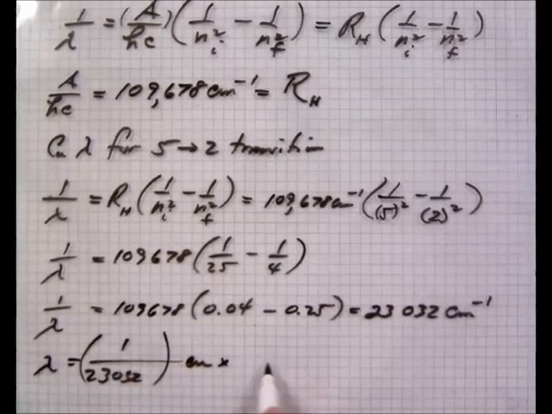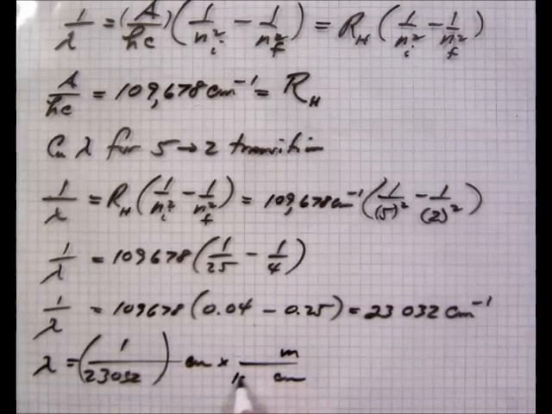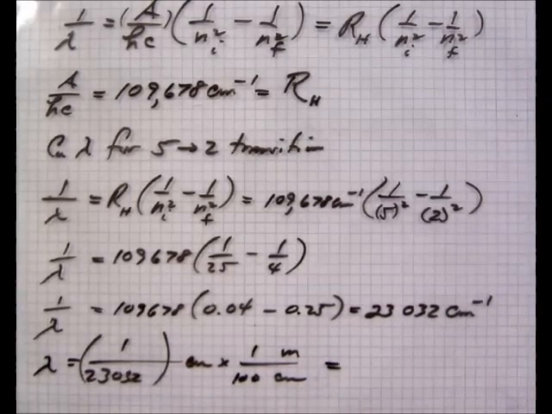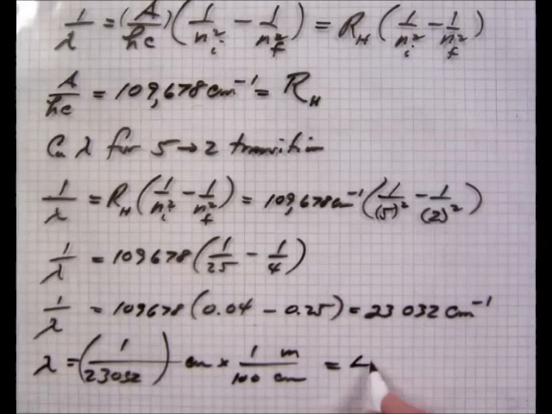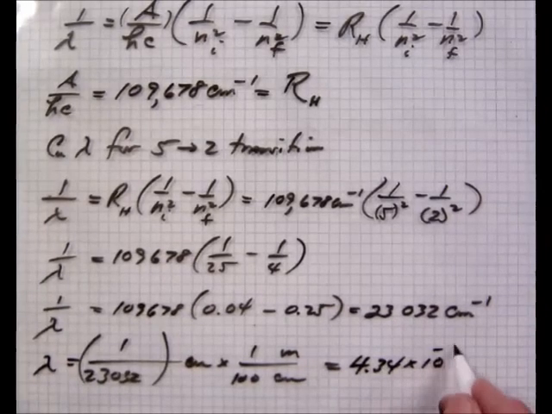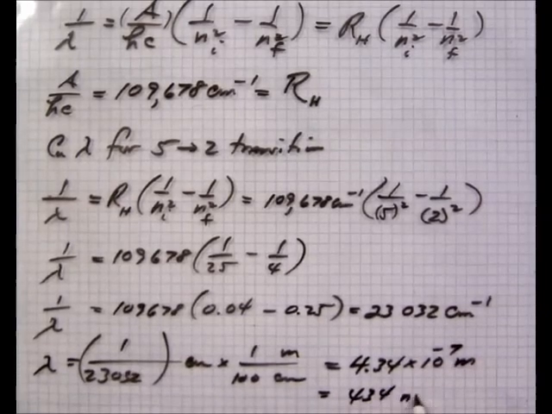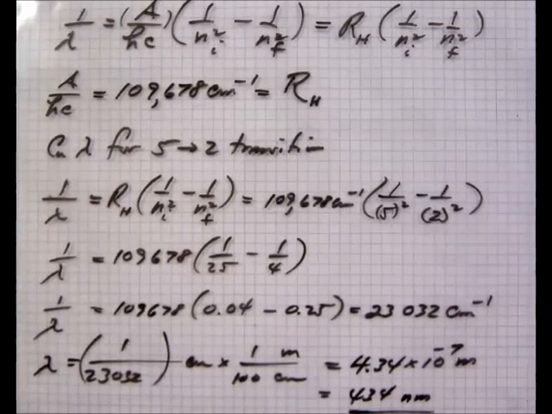If you want meters, there are 100 centimeters in a meter. So for the 5 to 2 transition, it's 4.34 times 10 to the minus 7 meters, which is 434 nanometers, and that's the blue line.